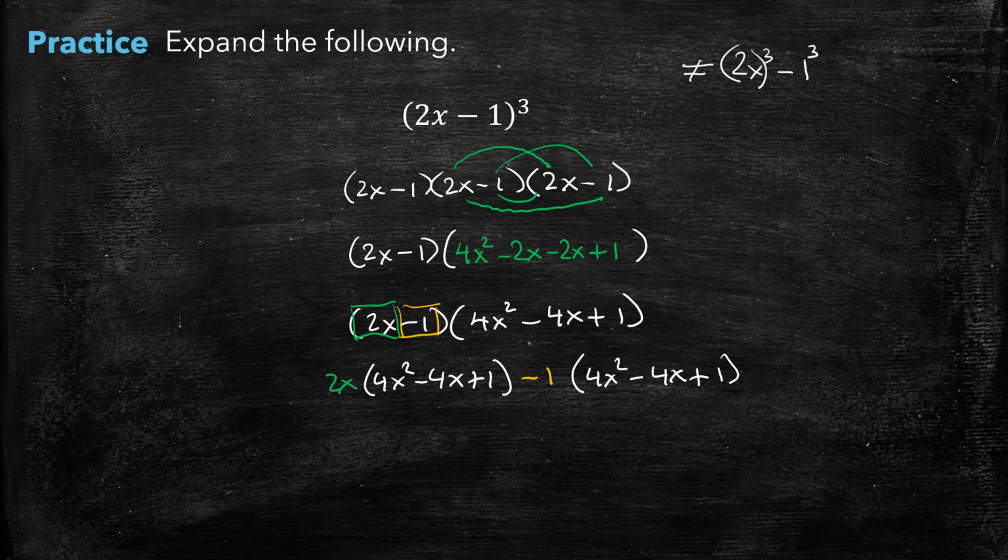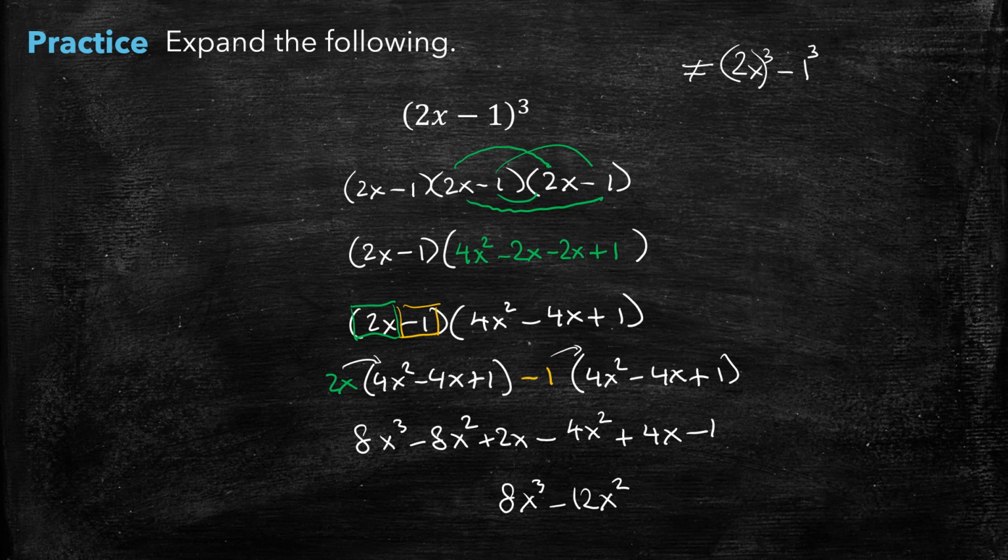And that would give 8x cubed minus 8x squared plus 2x after we distribute in the 2x to everything. And the minus 1 being distributed in would give minus 4x squared plus 4x minus 1. And then when we combine like terms, we'd get 8x cubed minus 12x squared plus 6x minus 1 for our final answer.